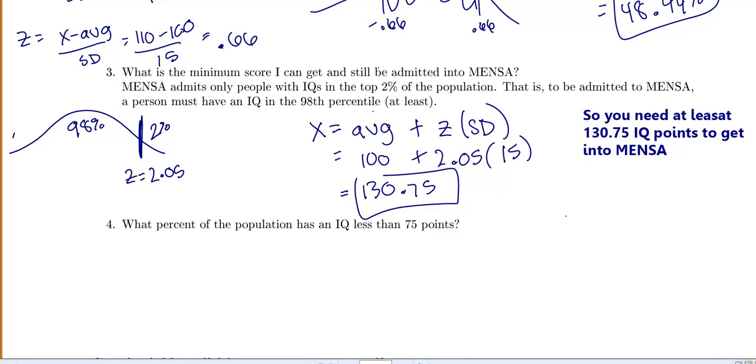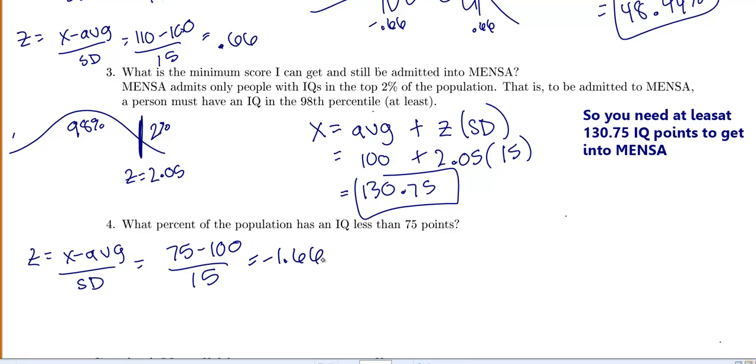And number 4, what percent of the population has an IQ of less than 75 points? So this is the non-reverse, where we know what x is and we try and then figure out the percentage. So let's first find our z. Z equals x minus the average over the standard deviation. So x is 75 minus the average of 100 divided by our standard deviation of 15.